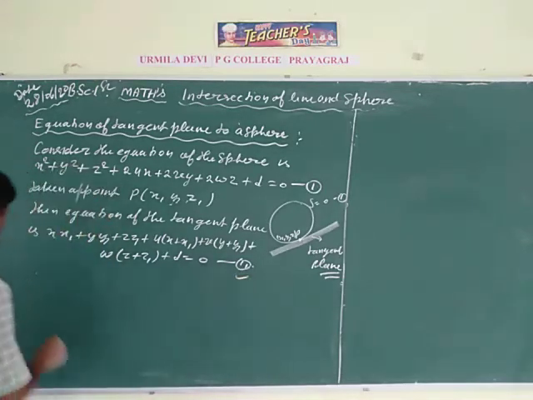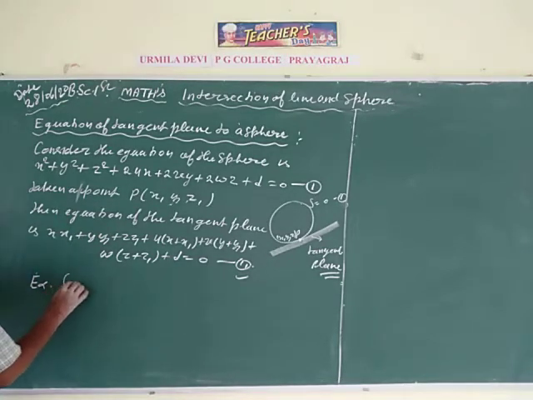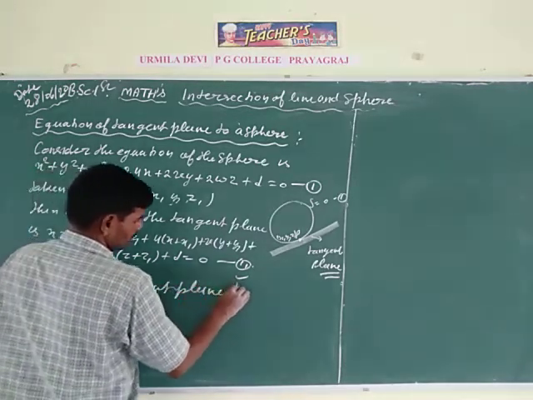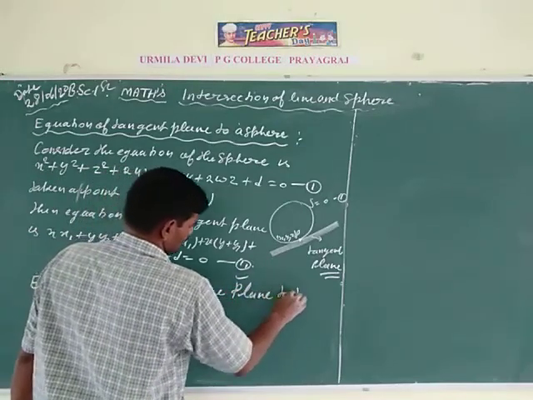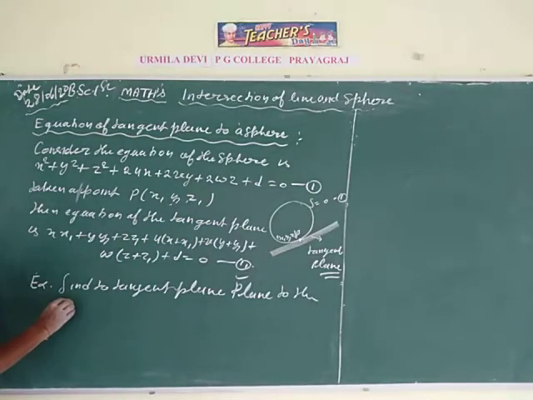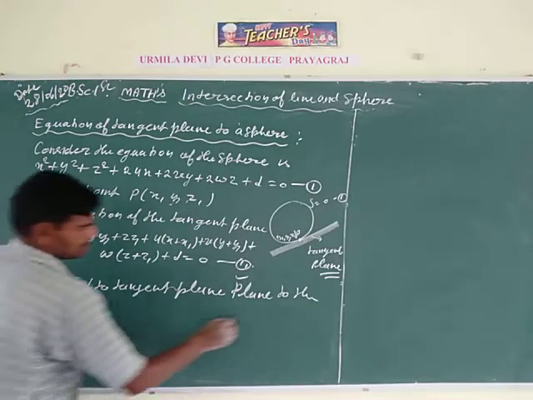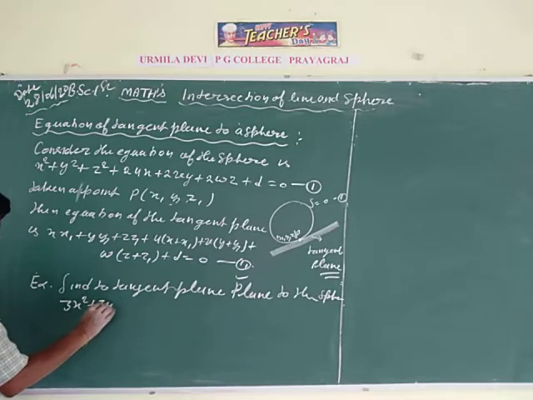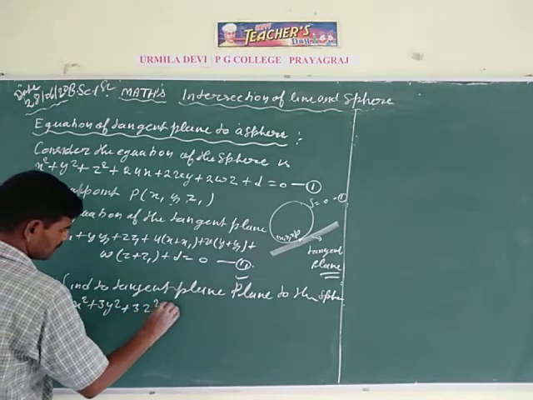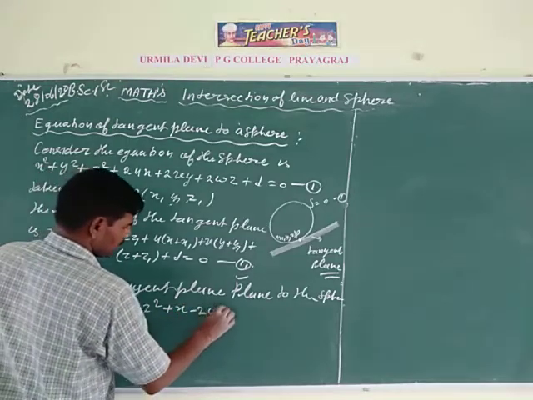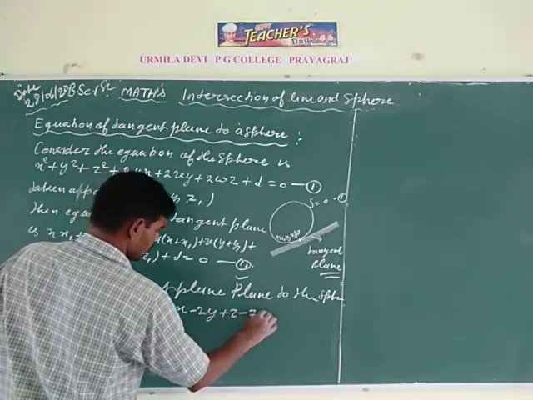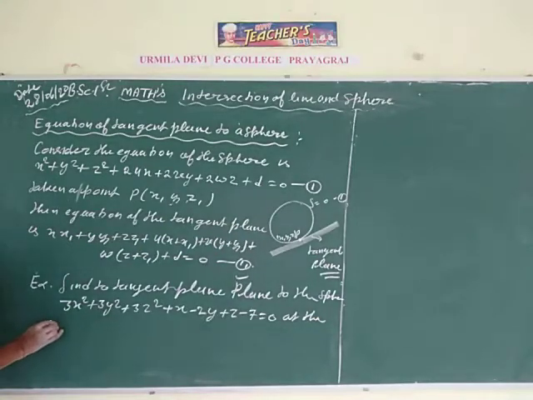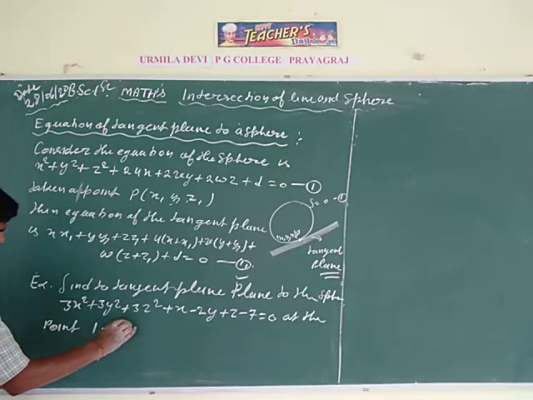After this, consider an example. Find the tangent plane to the sphere whose equation is 3x² + 3y² + 3z² + x - 2y + z - 7 = 0 at the point (1, -1, 2).